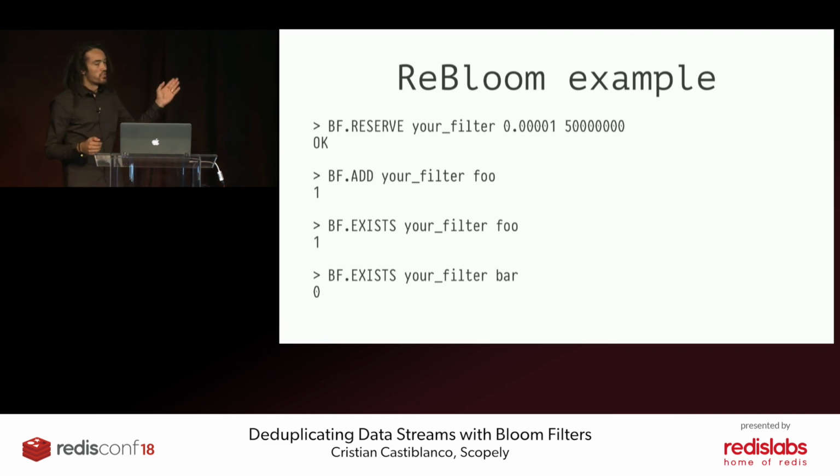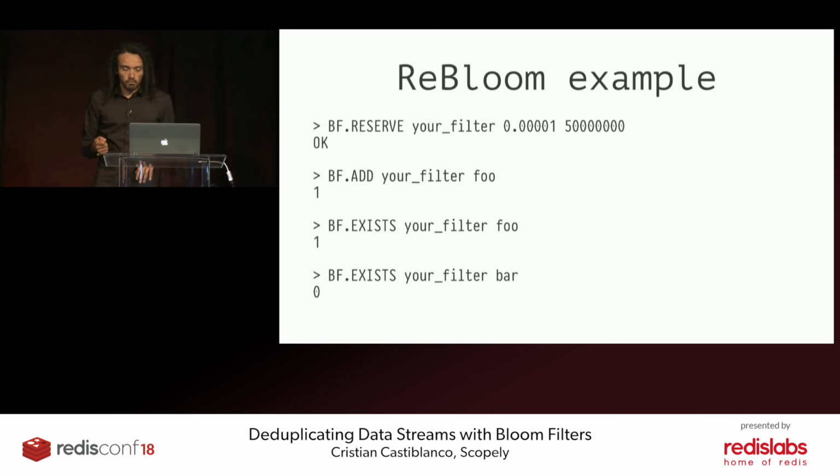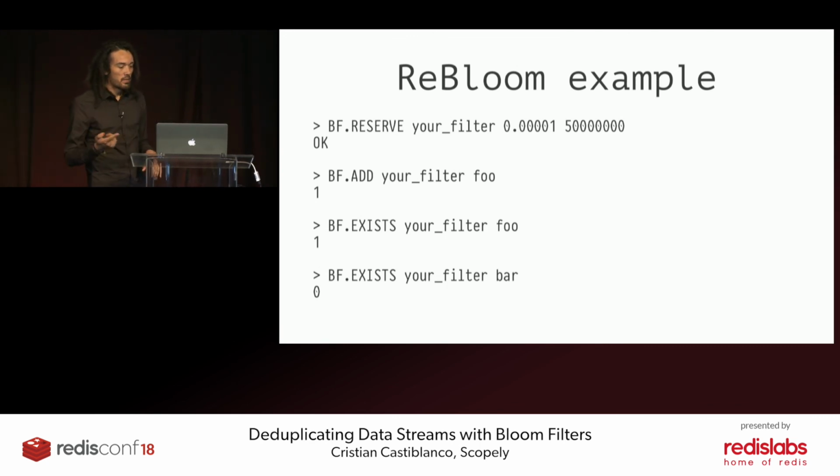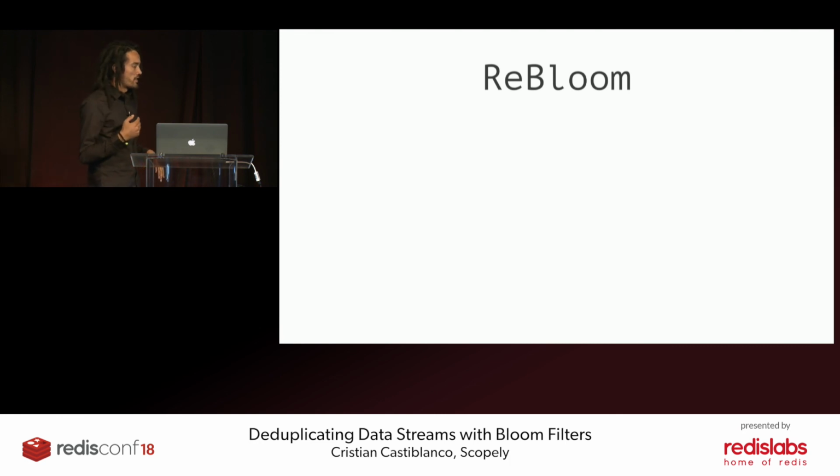And then you have commands to add things to this filter or to check for items in the filter. There are also versions to add in bulk or to check in bulk. And it's very simple.